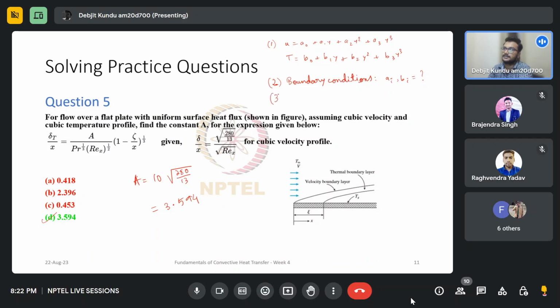And in the third step, we use the energy integral equation, which involves ∂/∂x of the integral of u into (T minus T infinity) dy from 0 to delta, and this is equal to, sorry, I forgot what it was equal to.